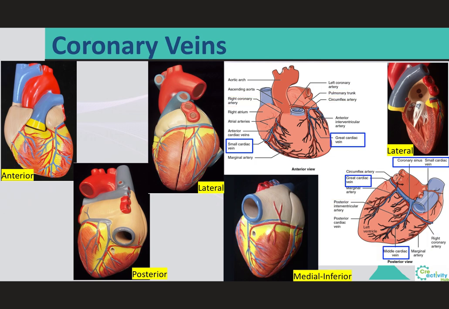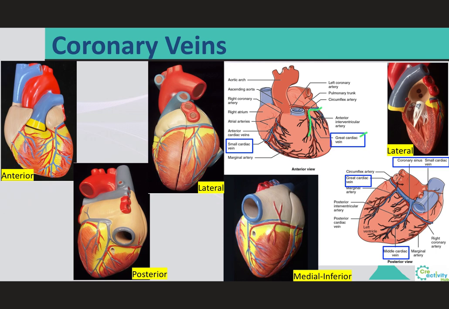Now we're going to cover the coronary veins. So these are the blood vessels that will be removing the waste products and the carbon dioxide from the cardiomyocytes. We have a few of them, and they will run parallel to the arteries that we already talked about. First, anteriorly, we have what we call the great cardiac vein, and like the name says, it's going to be huge.